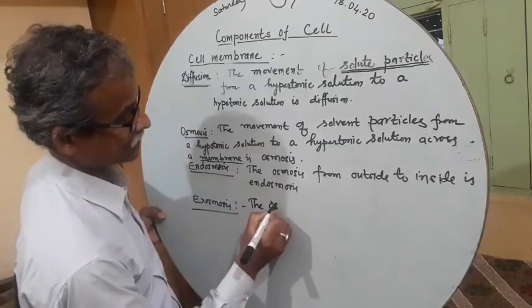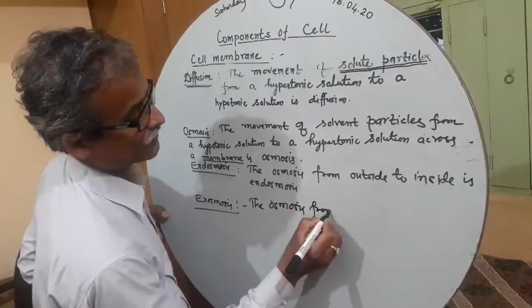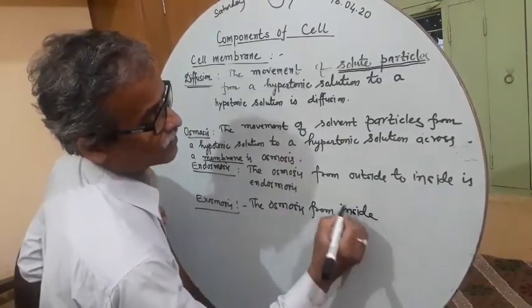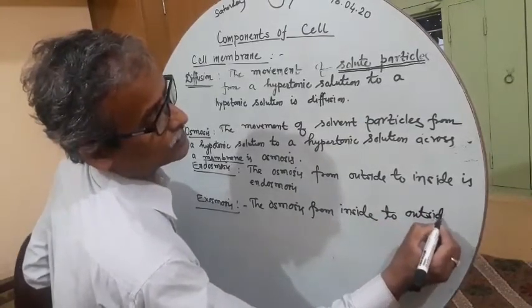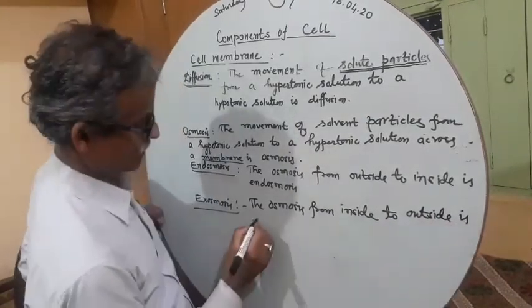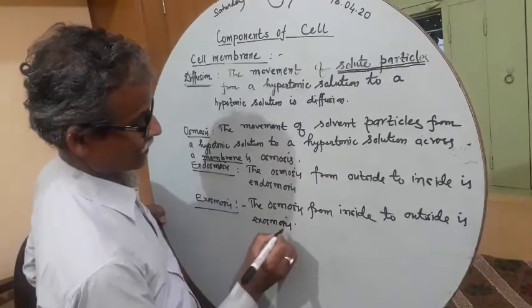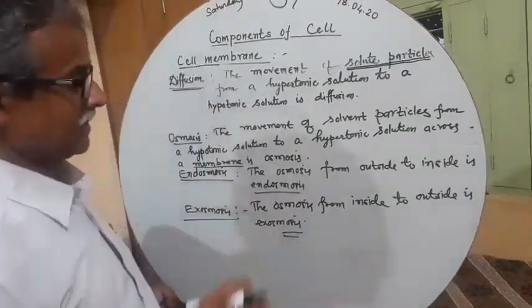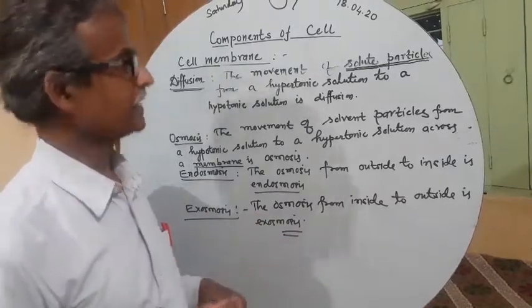The osmosis from inside to outside is exosmosis. These both things take place in cell, across cell membrane and across cell wall.